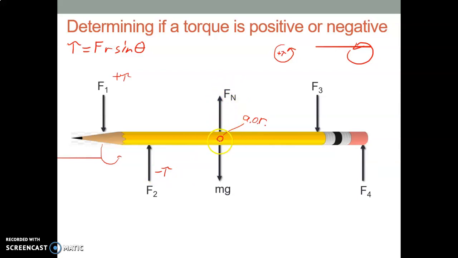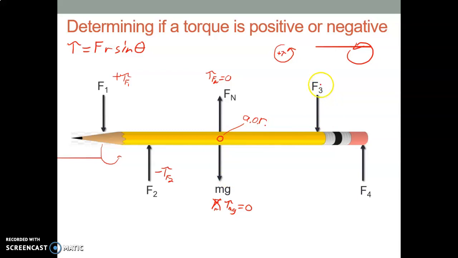The normal force, if I push right here, it's not going to rotate at all. So the torque due to the normal force is equal to 0. Here I could have labeled these more specifically. The same thing for the torque, not the force: the torque due to the weight is also equal to 0 relative to this point.